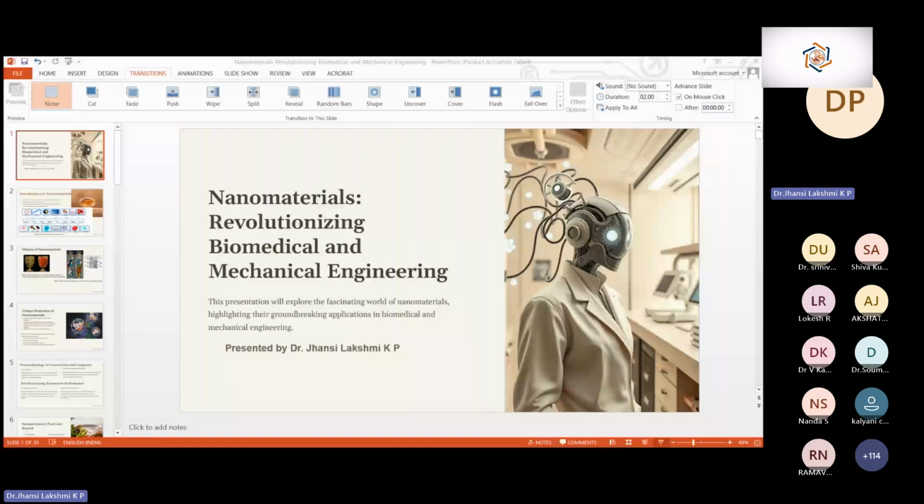The Lycurgus cup exhibits dichroism. That means two colors can be seen with different light radiations. When it was observed in 1990, scientists tested why this special property is seen in this cup.